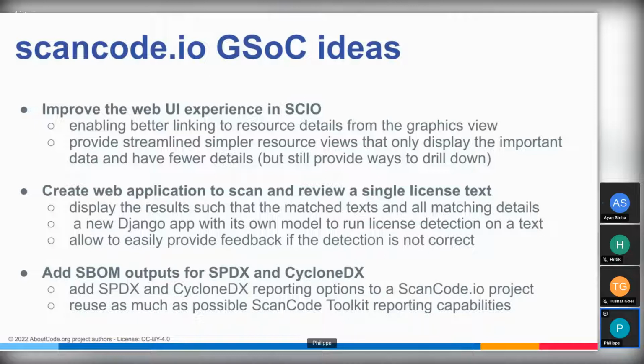But we need a better UI view that goes into specific details which are from scanning a single resource. So that's one of the things. This will provide a more streamlined resource view. It will have the important details, but not too much, and will still provide ways so that there are more views for looking at all the details.